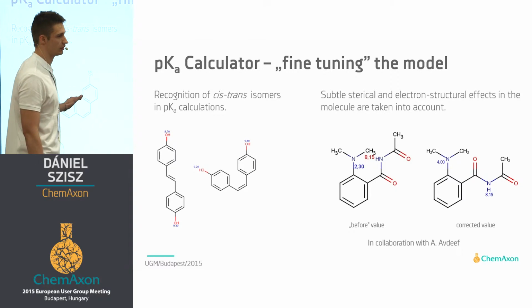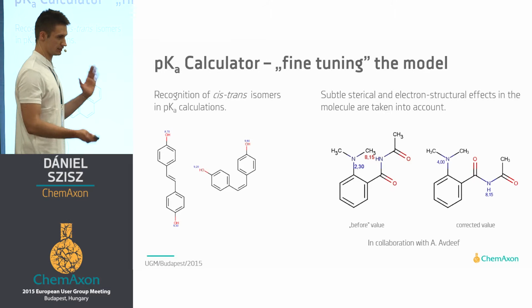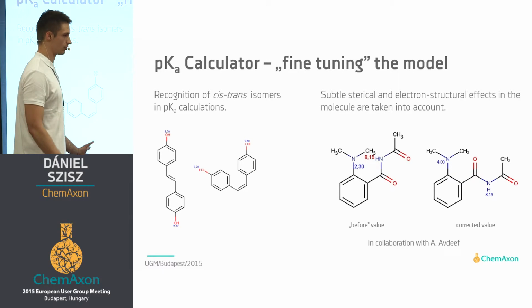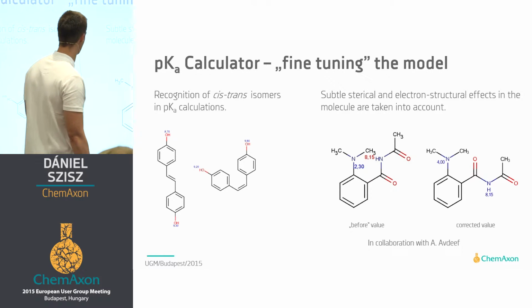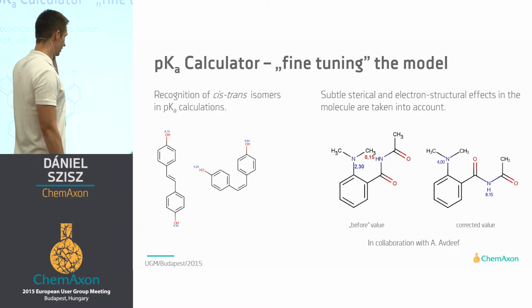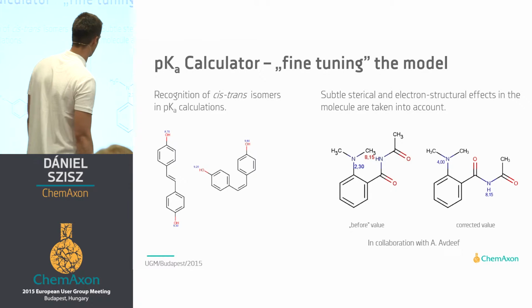Now we are able to consistently distinguish between the cis and trans isomers and predict the correct pKa values for both isomers. On the right side, I would like to mention the collaboration with Alex Avdeef, who provided this test molecule for us.